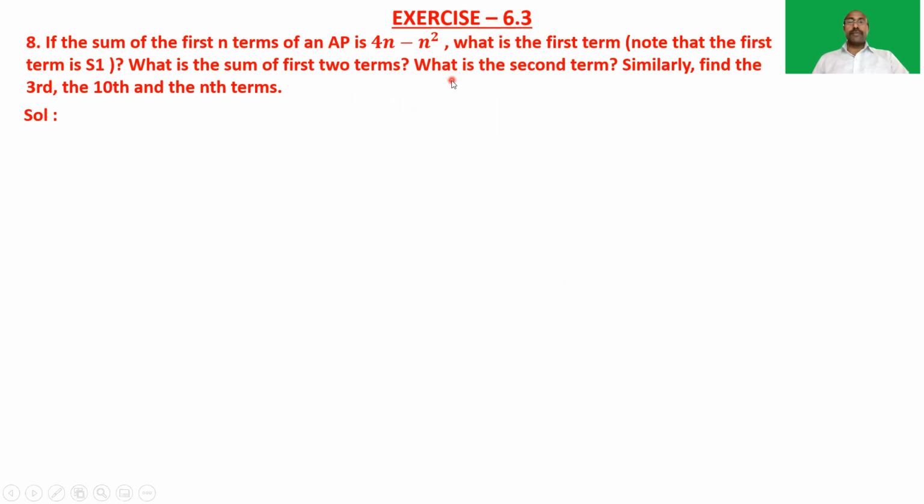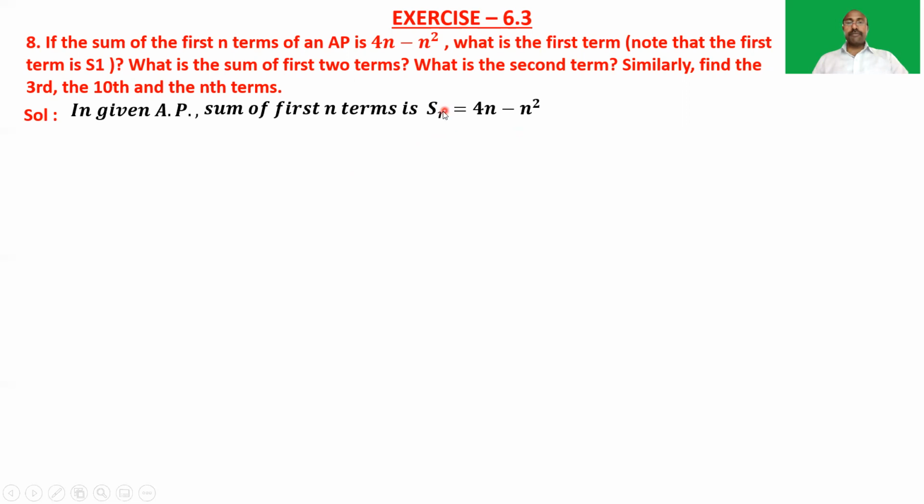And we need to find the first term, the sum of the first two terms, the second term, and the third, 10th, and nth terms also. So in the given AP, the sum of the first n terms Sn is equal to 4n minus n square.